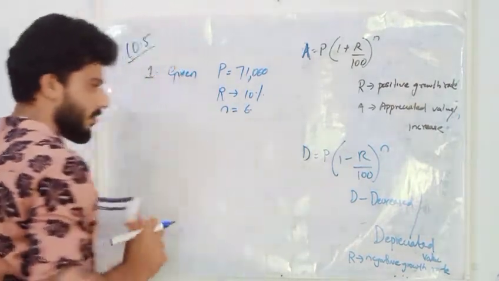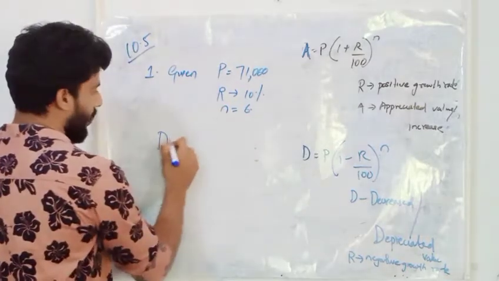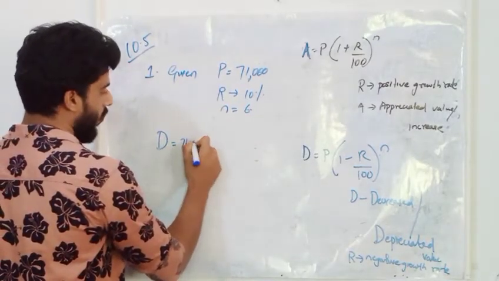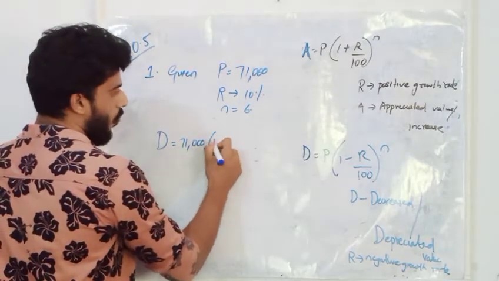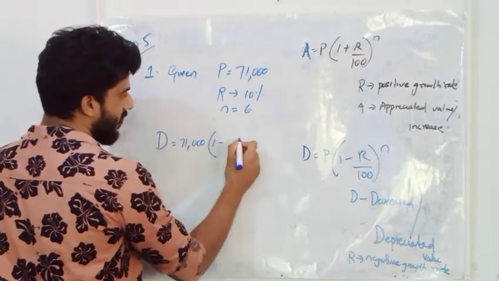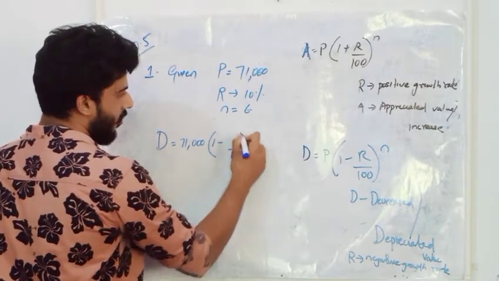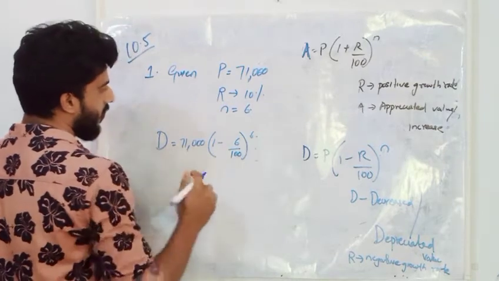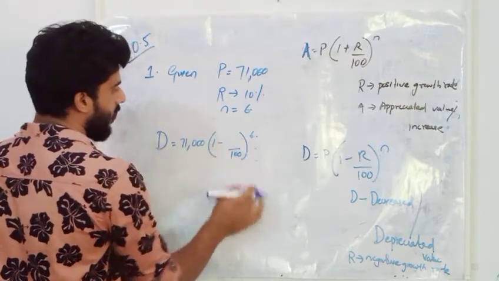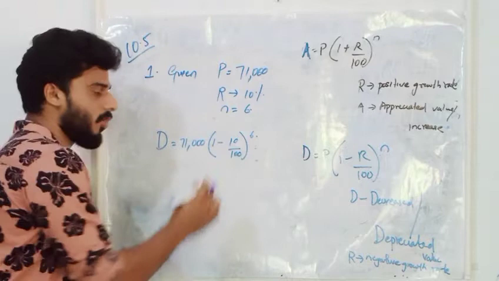On solving the problem, D, the depreciated value, is equal to P, 71,000, into 1 minus 6 divided by 100 whole raised to 6. Sorry, our R is 10, not 6. So 1 minus 10 divided by 100 whole raised to 6.